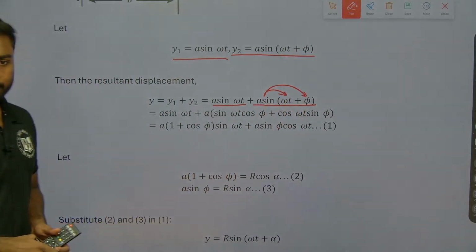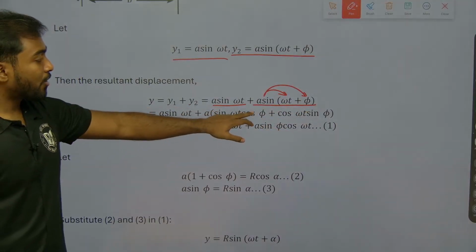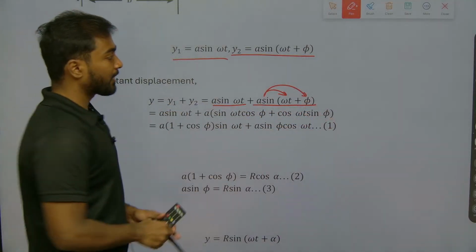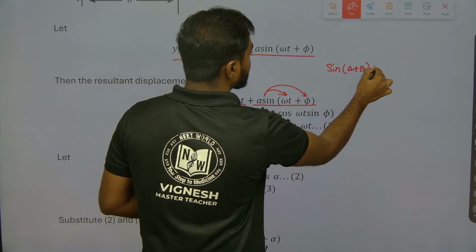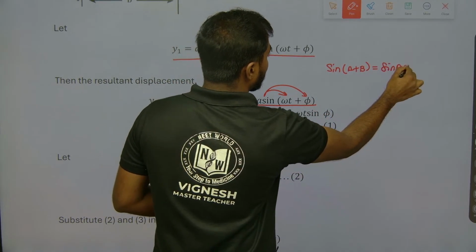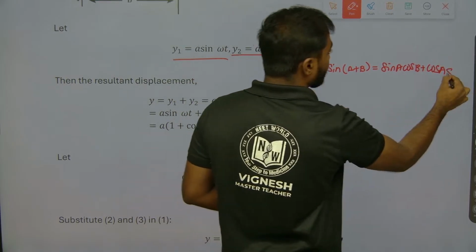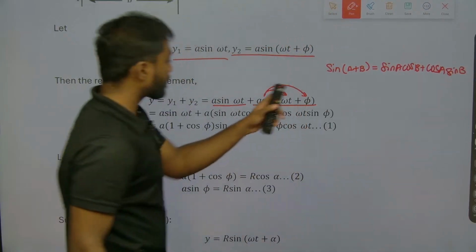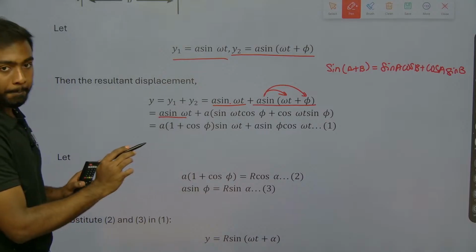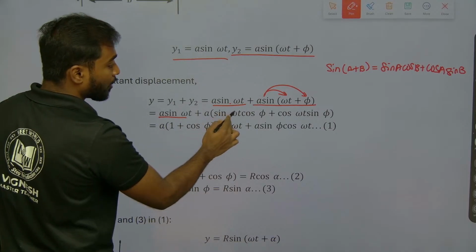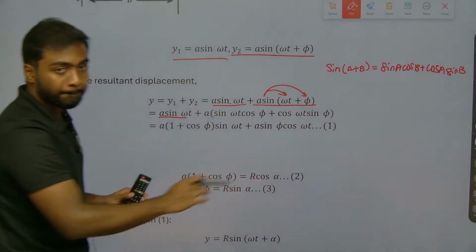Sin of a plus b is nothing but sin a cos b plus cos a sin b. So I have expanded it. So a sin omega t was there as it is, and now a of sin omega t cos phi plus cos omega t sin phi.